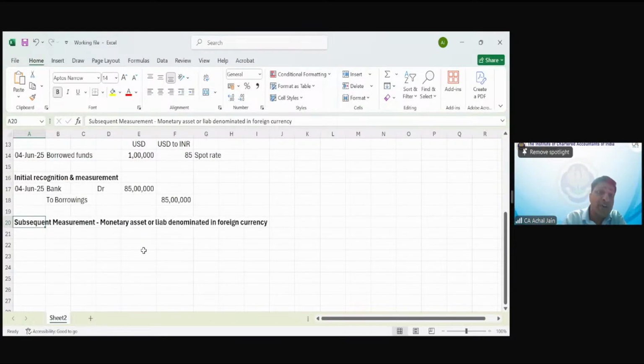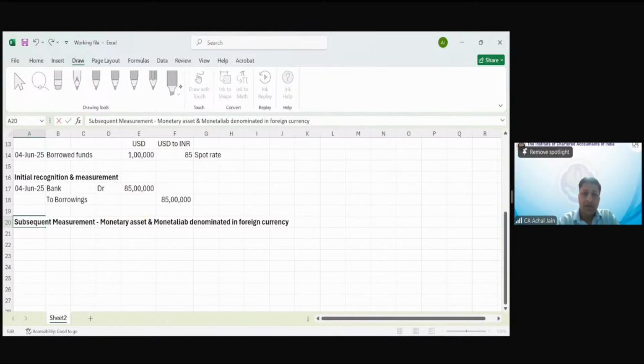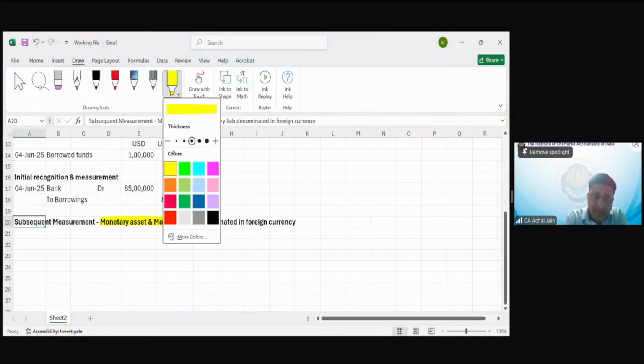It will be done only for monetary assets and monetary liabilities which are denominated in foreign currency. Now, what is the meaning of denominated in foreign currency?